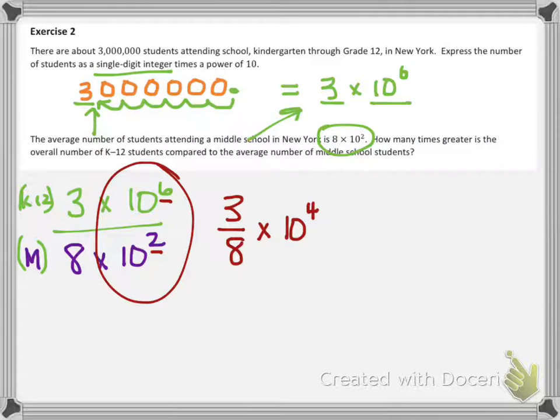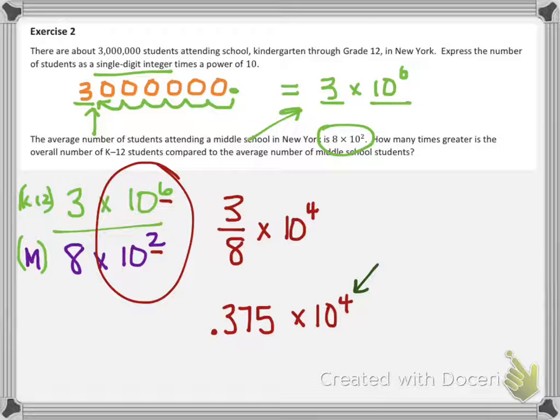And then we can think of 3/8 as, let's make that a decimal, 3 divided by 8 is 0.375 times 10 to the 4th. And then we can change this back, just the same way that we did earlier, to a number without scientific notation by looking at our exponent.